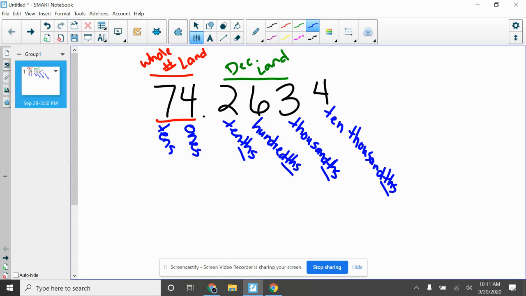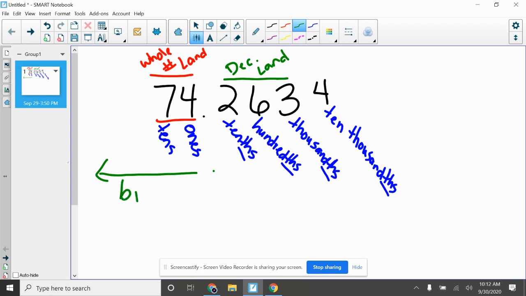So we spent time yesterday exploring these places and their names and also their size. Yesterday we learned that over here in whole number land, as I move away from the decimal, what starts to happen to the value of those numbers? Brody? The numbers get bigger.